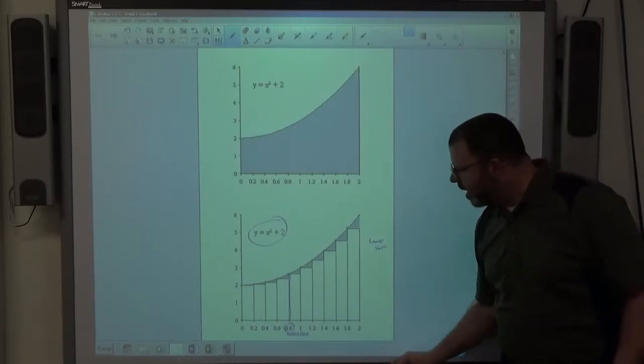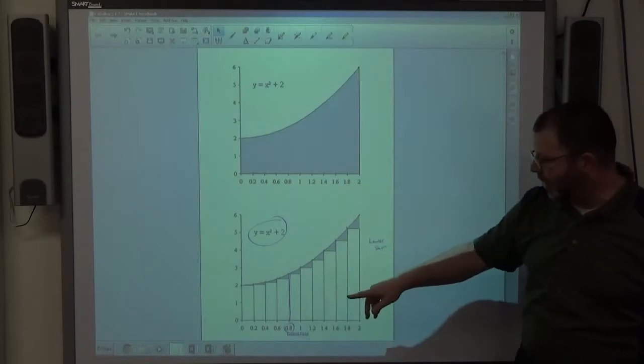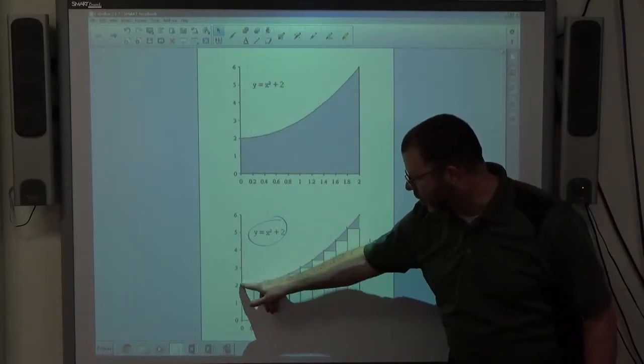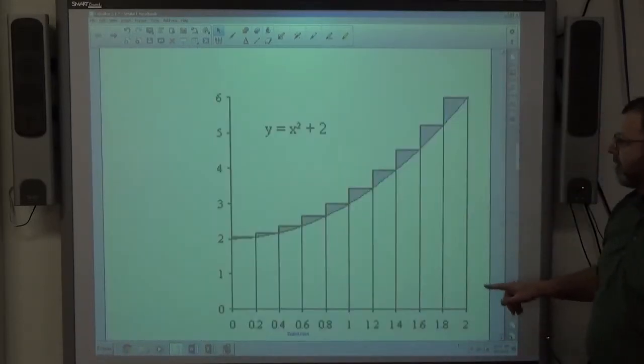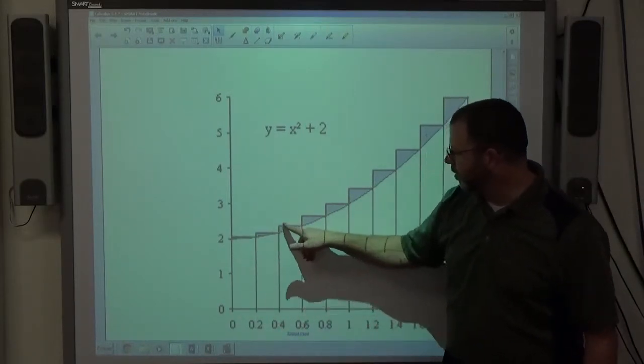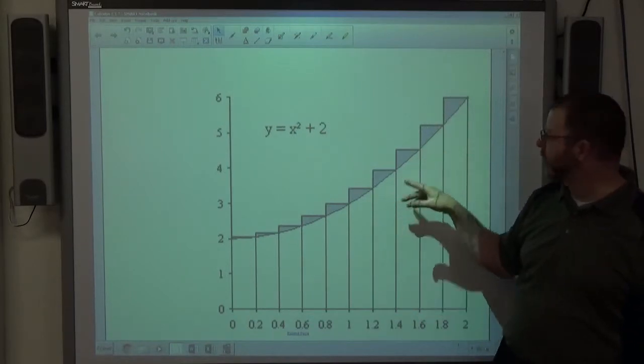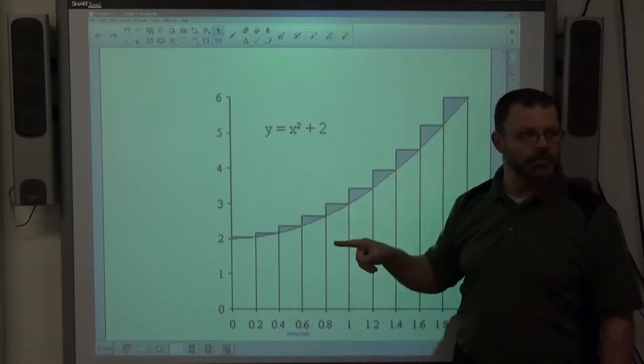All right? If, instead of drawing the rectangles on the low side, I were to pick the high side, go across this way, that's called an upper sum. So if I'm at the high side, go across this way, you can see each of these rectangles also estimates the area under the curve, but it's too much.